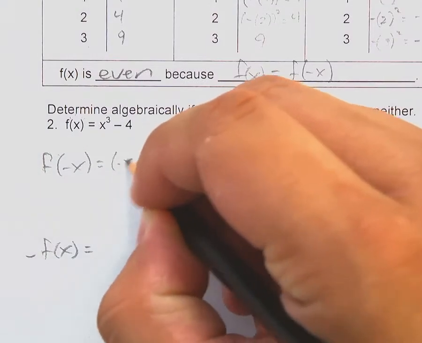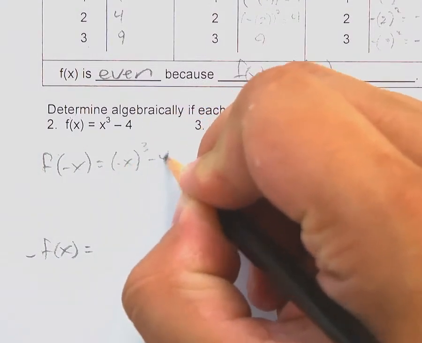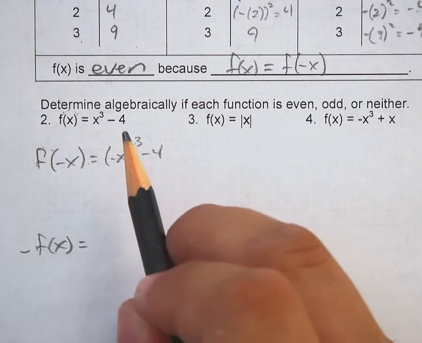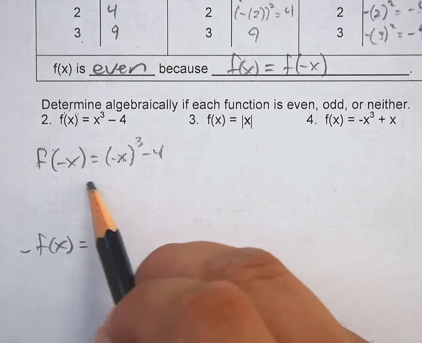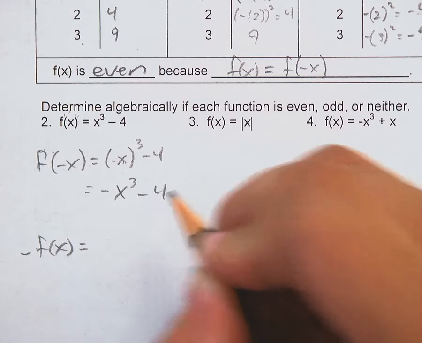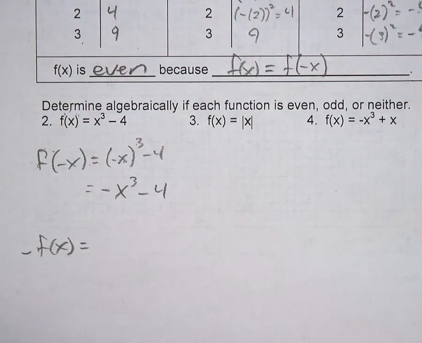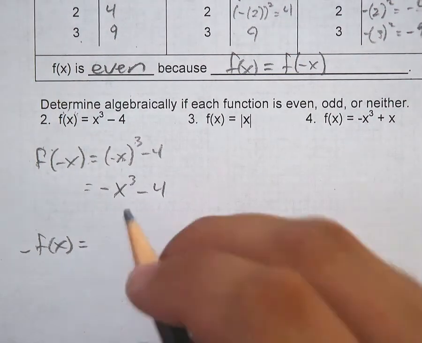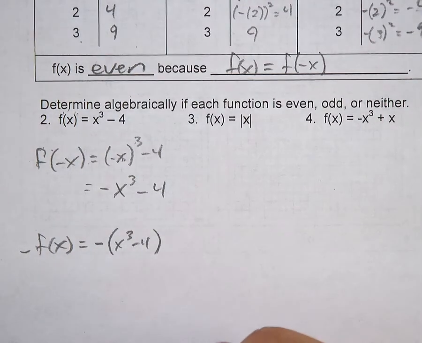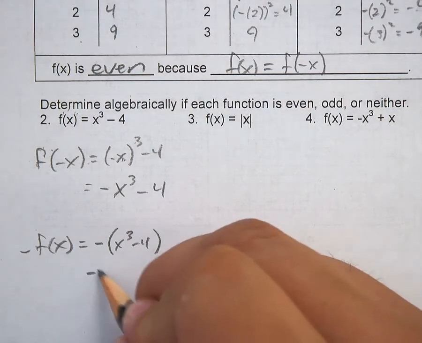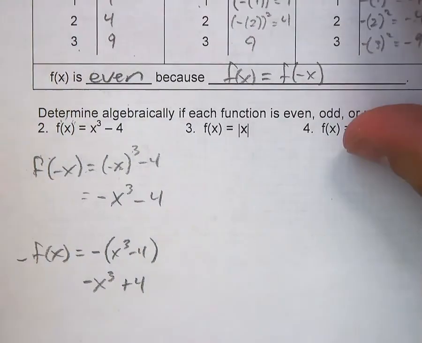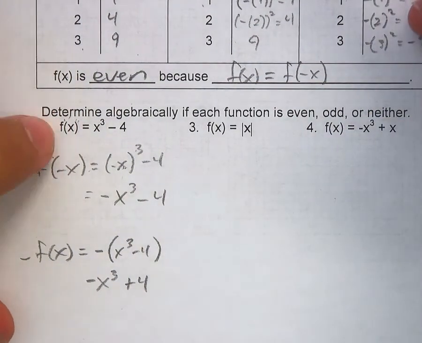So if I put a negative x like this, negative x cubed is negative x times negative x times negative x. That's 3 negatives, so that's going to leave you with a negative x cubed minus 4. Down here, I've got negative x cubed minus 4. Distribute your negative and you have negative x cubed plus 4. So the first thing you're going to ask, for even, these guys are going to be the same.